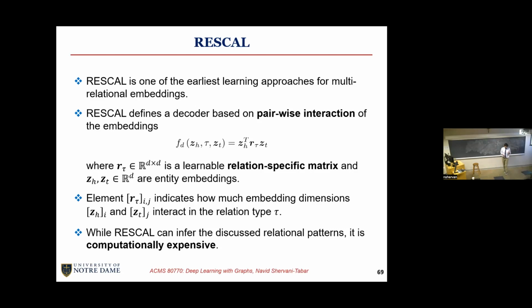Their number of edges and nodes is in the billions, and there are hundreds of thousands of different relation types. So one thing that is very important for these models is that they should be scalable, so that we can apply them to larger and larger matrices.